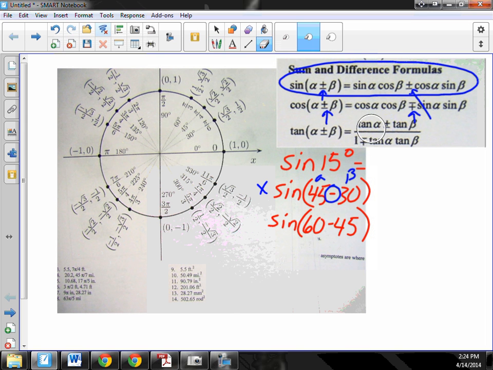Okay, so I'm going to write this out. Sine of 45 minus 30. 45 is alpha, and 30 is beta.